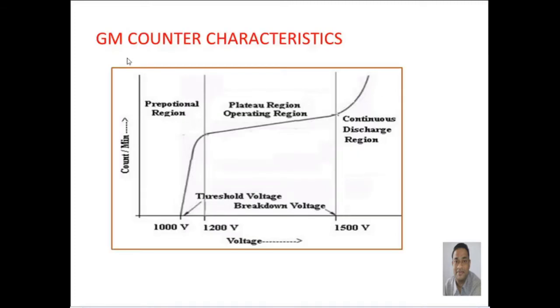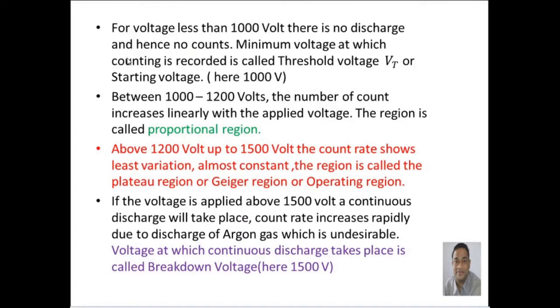Let's see the simple GM counter characteristics. The figure shows the GM counter characteristics. It is nothing but a plot of the number of particles counted per unit time on the y-axis to the applied voltage on the x-axis.